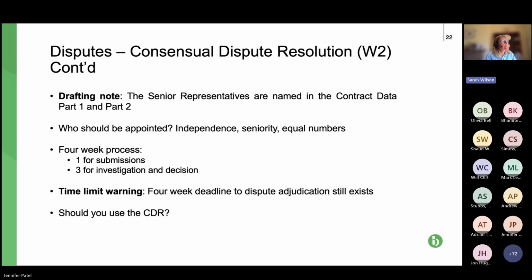I have used this, I think, at least once, and no agreements whatsoever were reached, and we ended up in adjudication, but there was no appetite to reach an agreement. The other thing is that behind the scenes, both parties had lawyers engaged, and that may or may not become the norm.